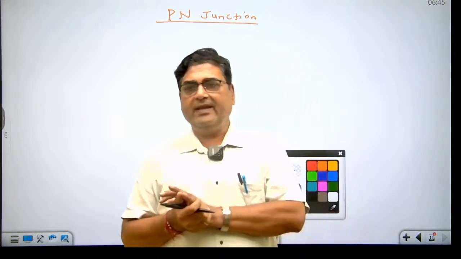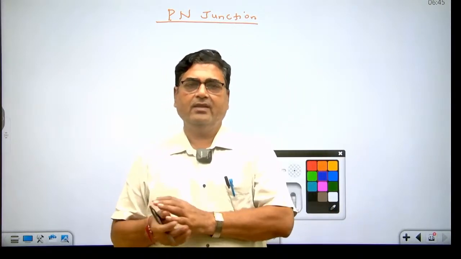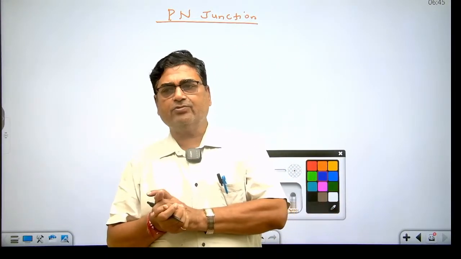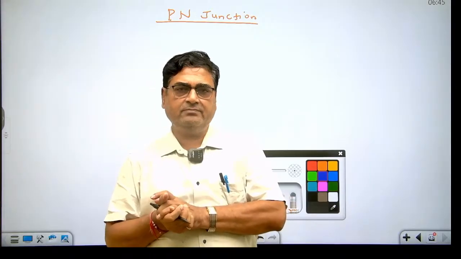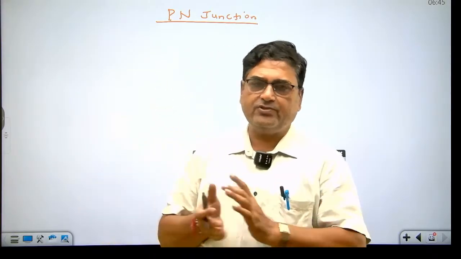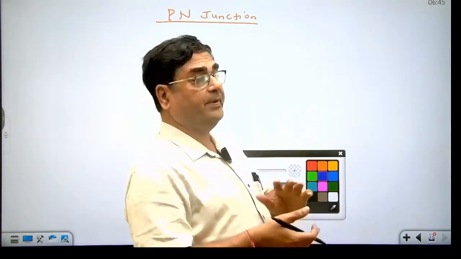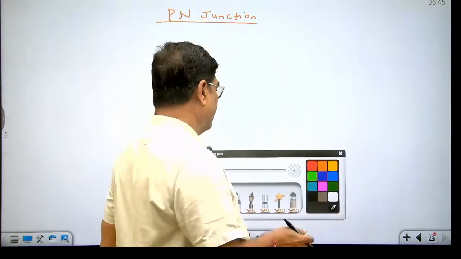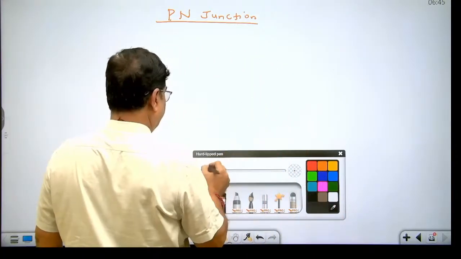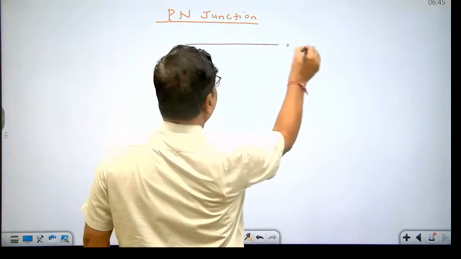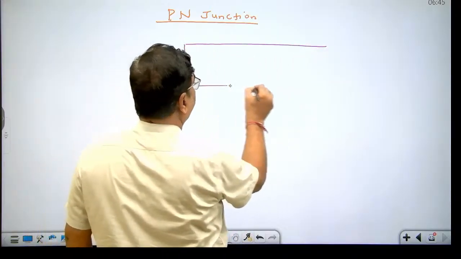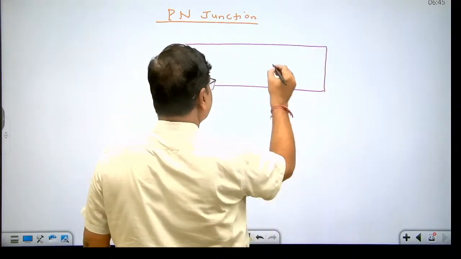When p-type and n-type semiconductor crystals are brought in physical contact through some crystalline process, then p-n junction is formed. Dear student, we have already seen what was there in the p-type semiconductor crystal.